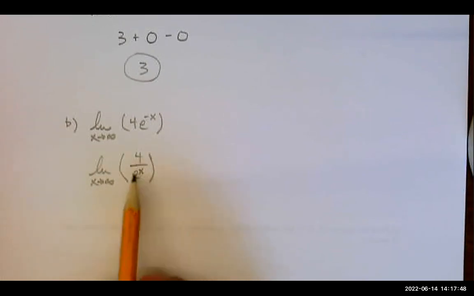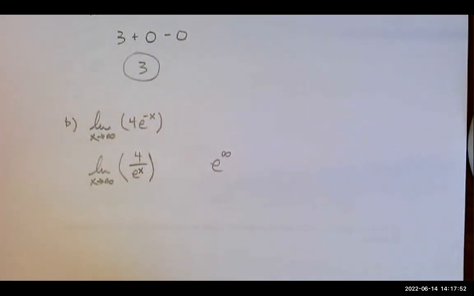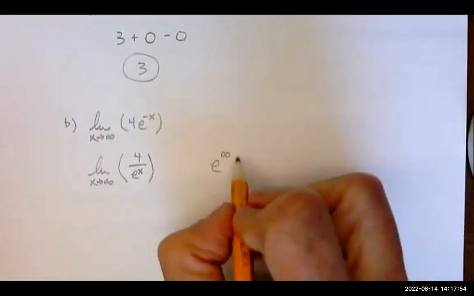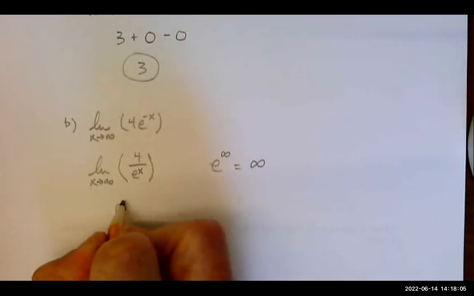Well, e raised to the infinity, right? The exponent is infinite. Well, that's going to give us infinity, right? So really, this just boils down to 4 divided by infinity, which would go to 0.